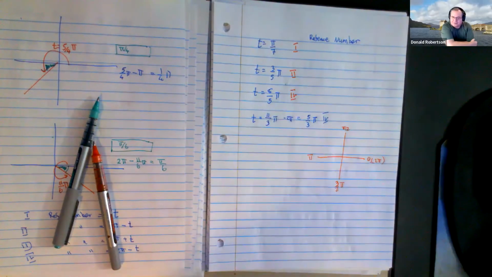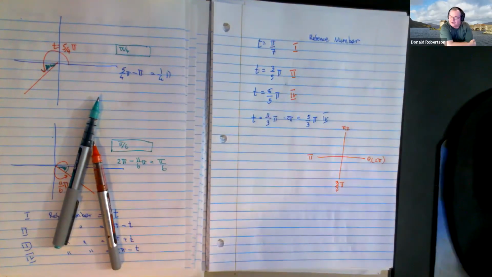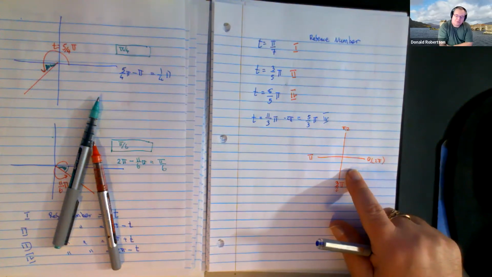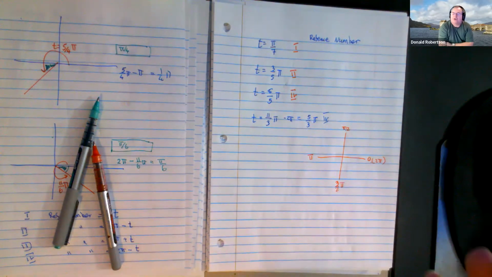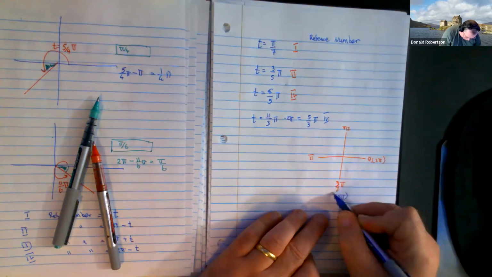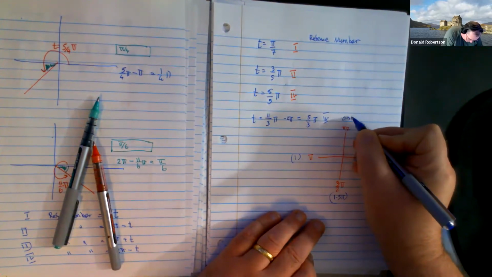So take your fraction, figure out what decimal it is, and it might help you figure out which quadrant, right? So if it's 1.7 pi, won't it be here? So anything bigger than 1.5, anything bigger than 1, anything bigger than 0.5, right?